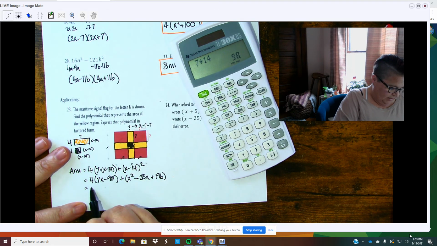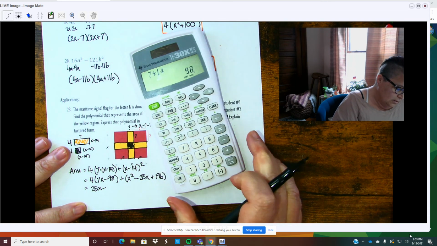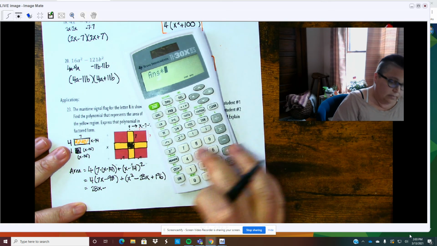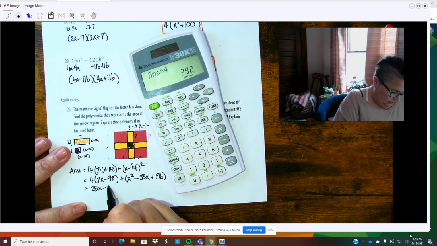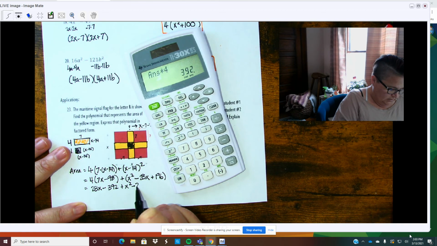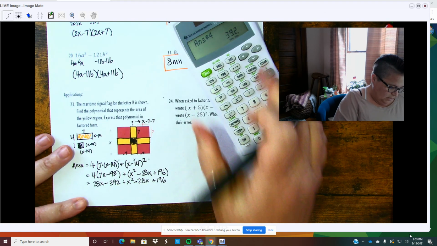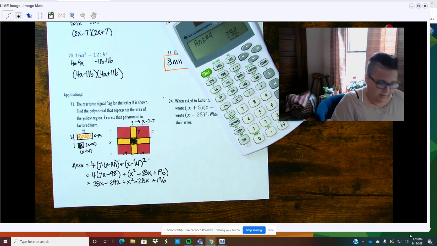So simplifying, this is going to be 28x minus 98 times 4 is 392, plus x squared minus 28x plus 196.